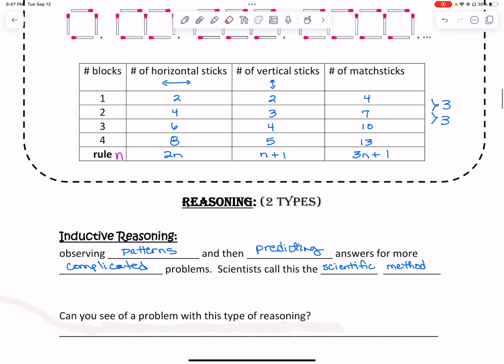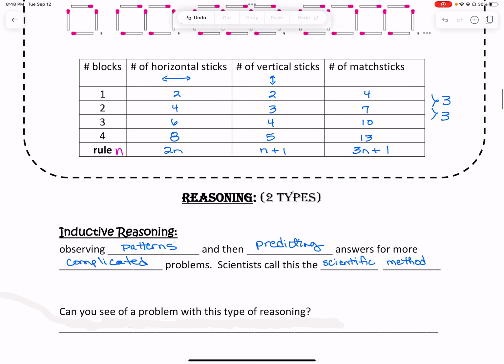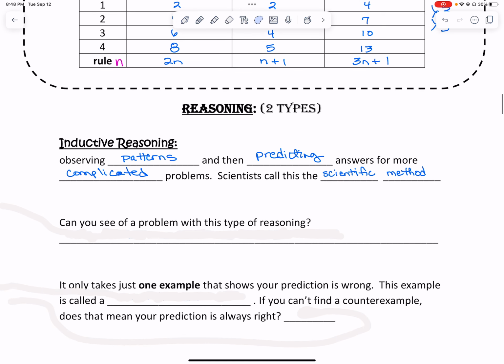We observed our pattern, and then we got this rule so that we could predict, if I have 12 of these blocks, what's it going to be, right? So that's what we were doing here, so that we could predict our answers for more complicated problems. Scientists call that the scientific method.